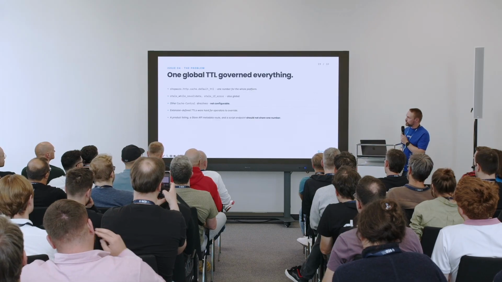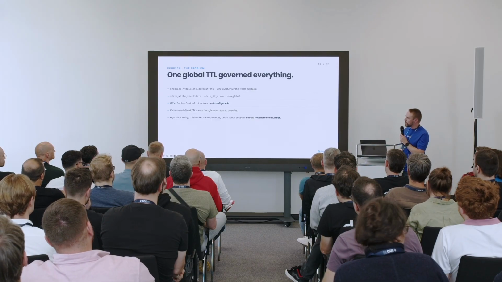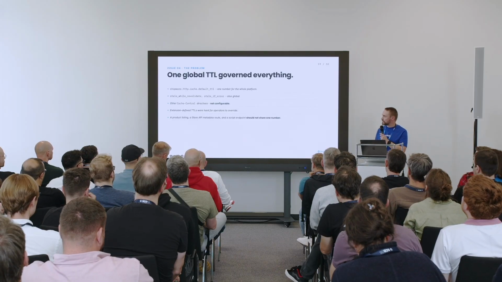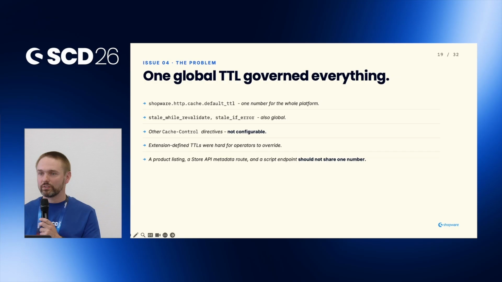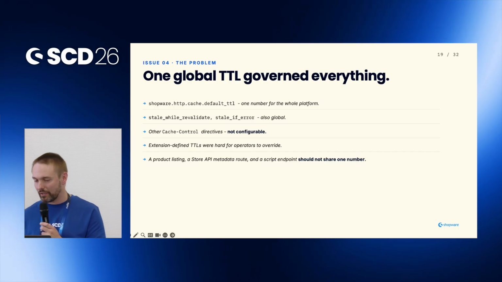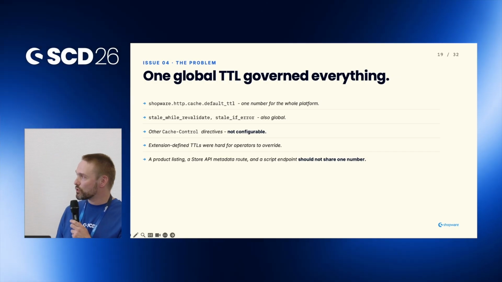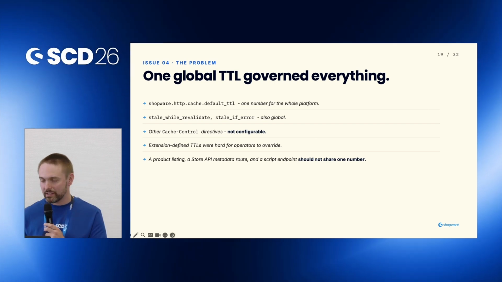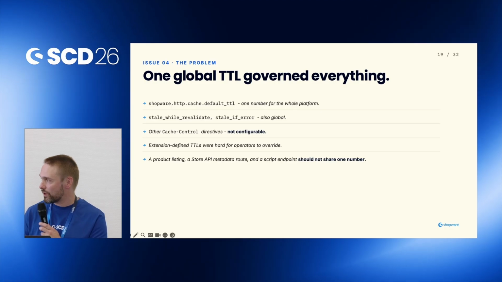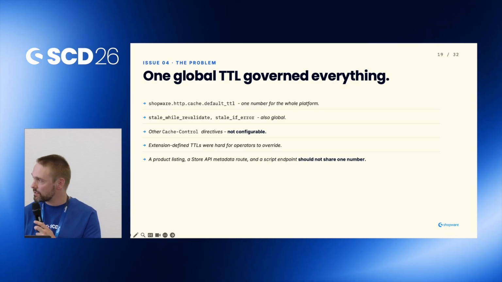And there were two global configurations: stale-while-revalidate and stale-if-error. Other cache control directives were not configurable at all. Also, it was not possible for shop operators to override extension-defined TTLs where it made sense.